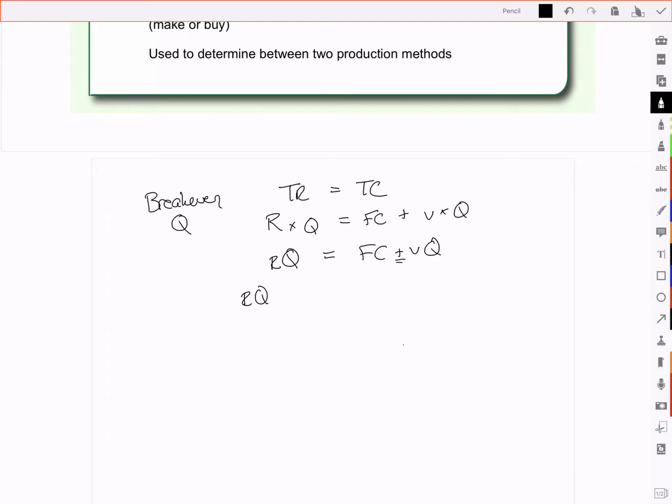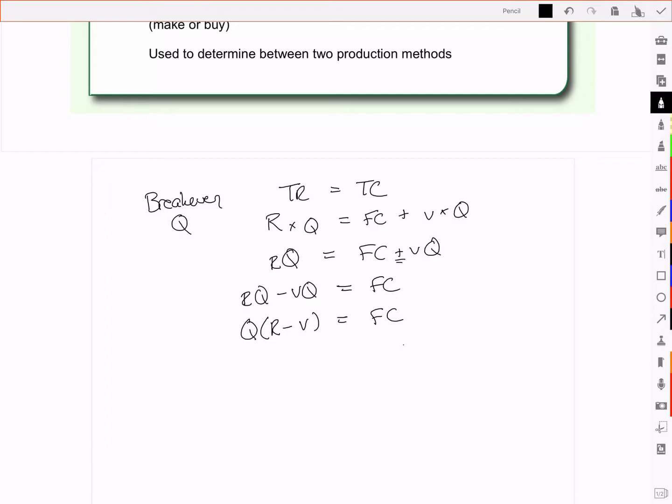So since we're adding V times Q over here, we need to subtract it to make it go away. So we do the opposite. If you're adding, you subtract it to get it to the other side. So notice now that we have quantity all on one side, which means we can take the quantity out of both RQ and VQ, and we get Q times parentheses R minus V equals FC.